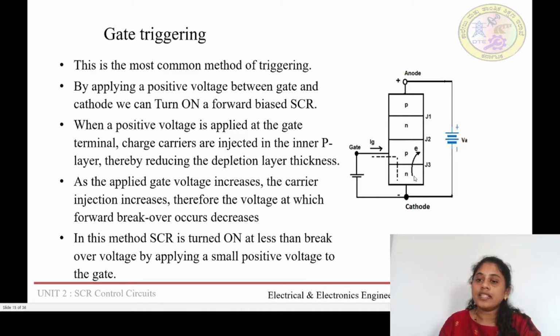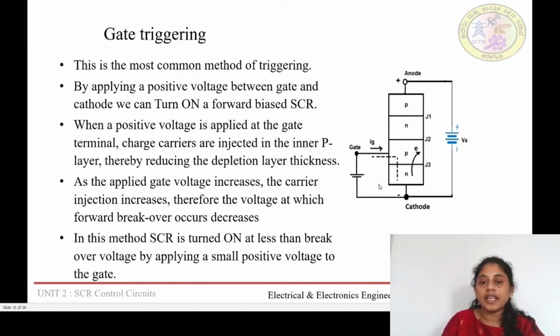With increase in the charge carrier injection, the depletion layer thickness keeps on reducing. With further increase in the gate voltage, the gate current increases and hence the charge carrier injection increases, and at one point of time the junction J2 breaks down and current starts flowing from anode to cathode, and hence the SCR is said to be turned on.